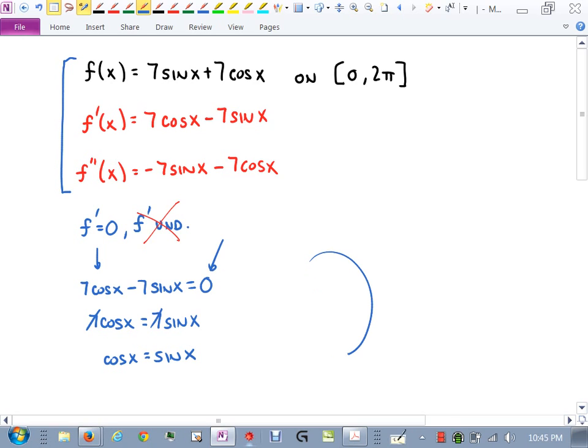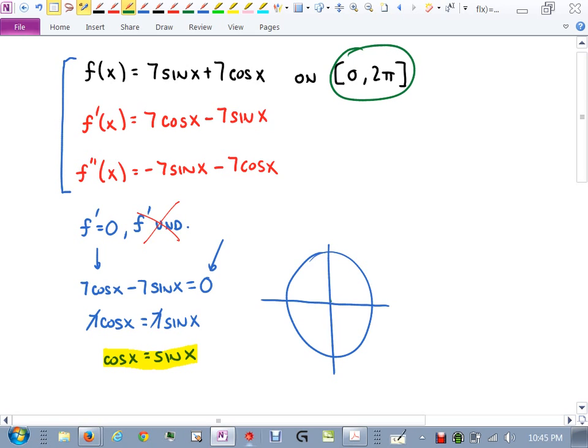So if I go back to the unit circle, if we have an angle, the x-coordinate is cosine of that angle and the y-coordinate is sine of that angle. So we're basically asking ourselves with this equation, at what angle on the unit circle are your x and y coordinates the same? And we need to make sure we're looking just between 0 and 2 pi. If you go up here to pi over 4, we know we have root 2 over 2, root 2 over 2.